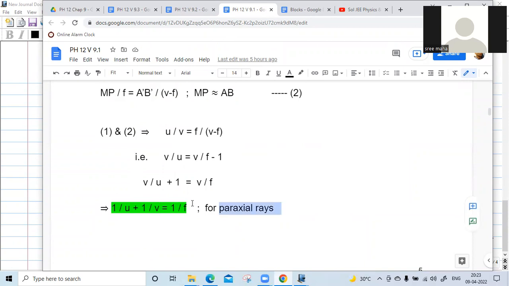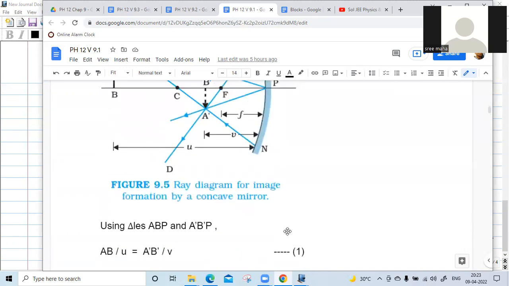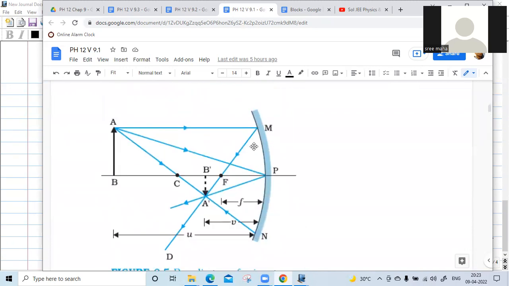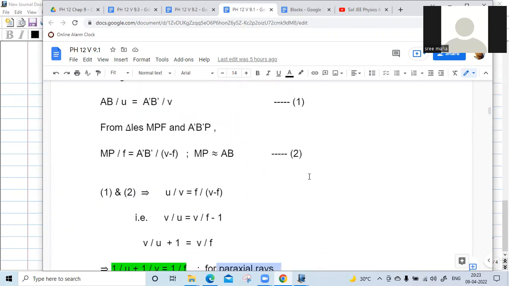Approximately, 1 by F is a good approximation for paraxial. Same is true for lenses also. Whatever formula we know for lenses, that is true for the paraxial case. Because everywhere you make this approximation, you get this perpendicular, and this difference can be neglected if the ray is close to the principal axis.